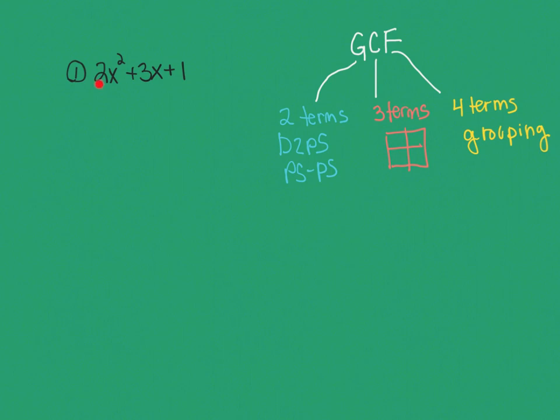Between 2, 3, and 1, the GCF is 1, so that's not helpful. Looking at x squared, x, and no x, there is not a variable greatest common factor. So then I look at how many terms there are. There are 3 terms, so I'm going to draw my box and work on this problem from that approach. So let me draw this.